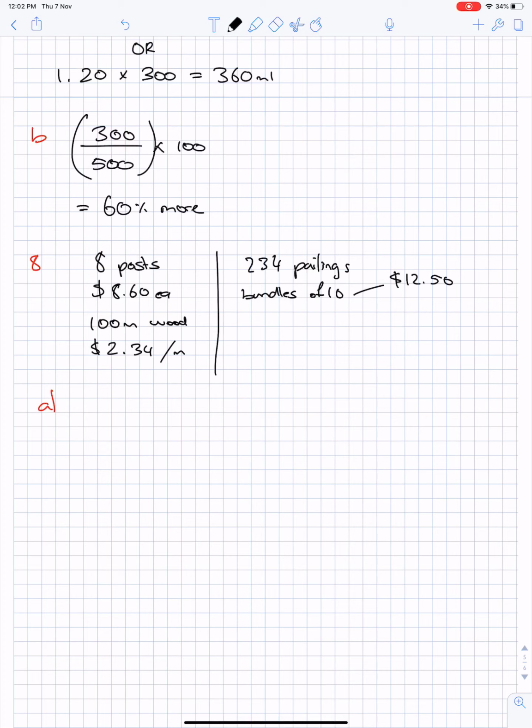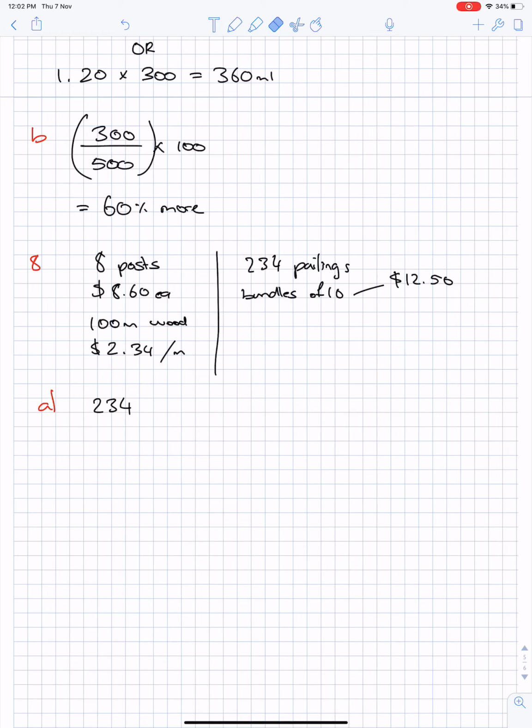Asking, calculate the total cost of the materials. So 234 palings were used. So 234, we would need to buy 240, right?